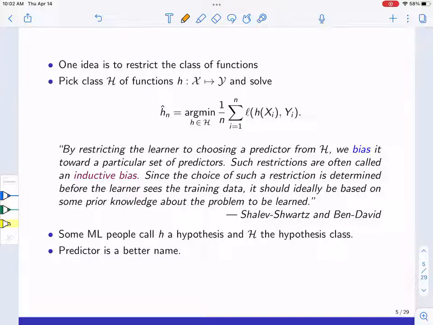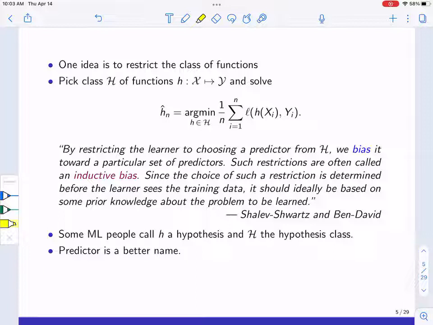Again, hypothesis is not something a statistician would call this, because it would get confused with the hypothesis testing issue. But they call it a hypothesis because, I would assume, generally speaking, it's a candidate for your classifier.